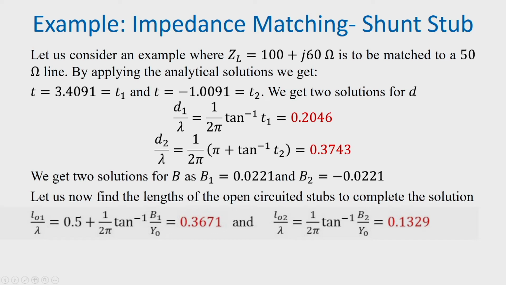This becomes 0.5 plus 1 by 2 pi tan inverse B2 by Y naught, which comes out to be 0.1329. These are the two locations of the stubs and the corresponding open circuited stub lengths can be used to complete the design.